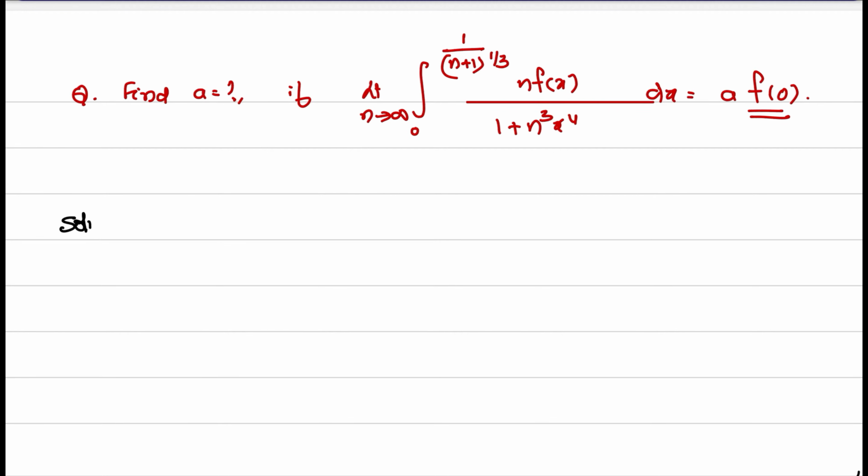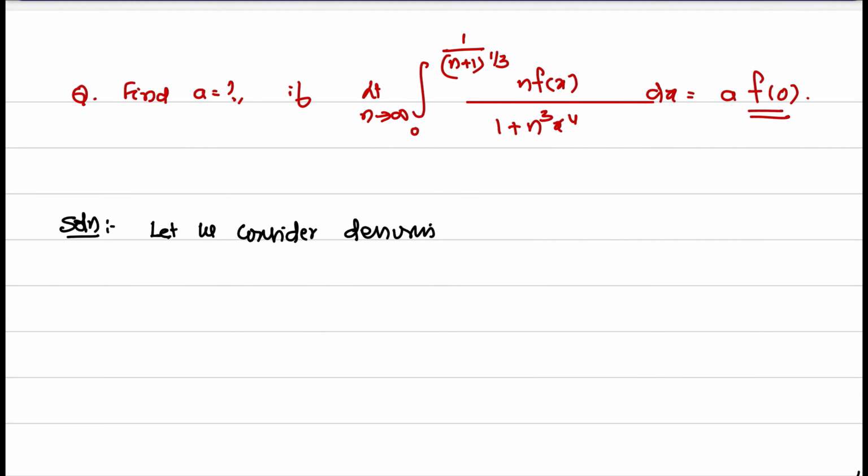Solution. Let us consider the denominator first.